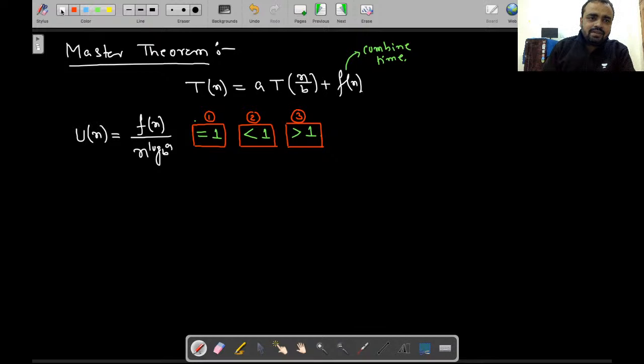So in the three different cases, the time complexity will vary. So see over here what will happen. Please try to analyze over here, then I will tell you the shortcut tricks. Okay, so see here we are deriving the u of n, and here we are deriving the h of n.